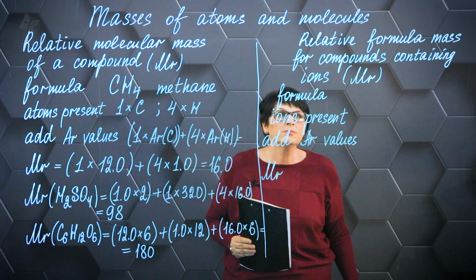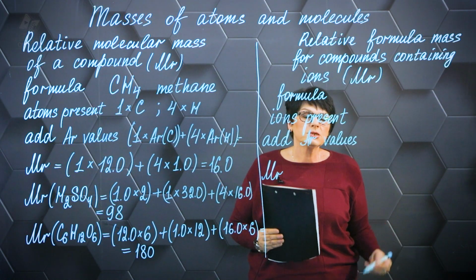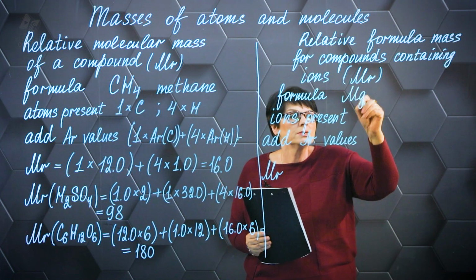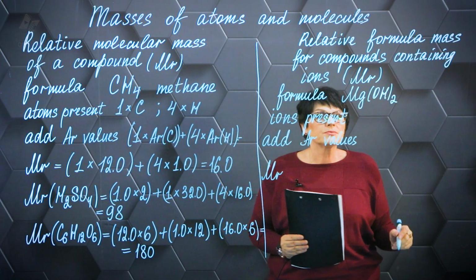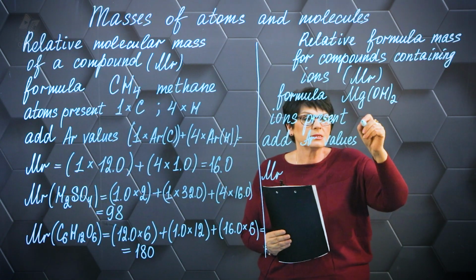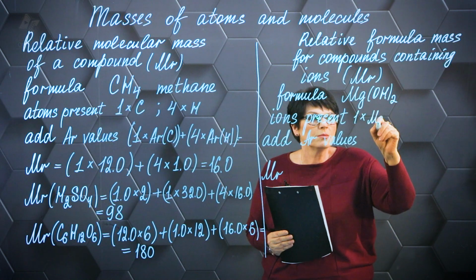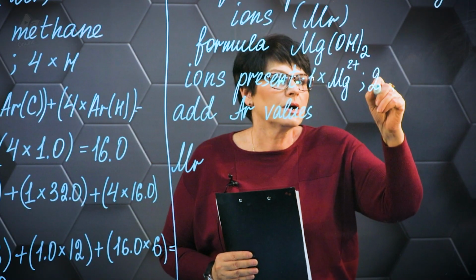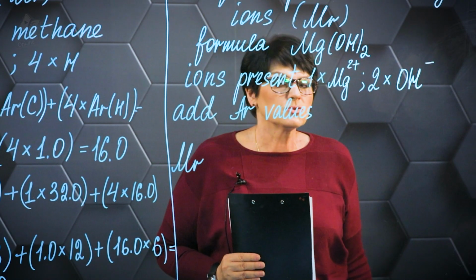Now let's calculate the relative formula mass for compounds of ionic character. Let this be the compound Mg(OH)2. The compound is called magnesium hydroxide. What ions does this compound consist of? It's made up of one magnesium ion with a charge of 2+ and two OH ions with a charge of minus.